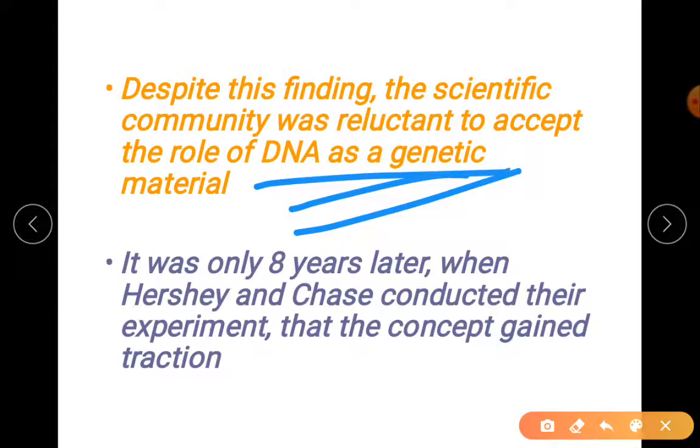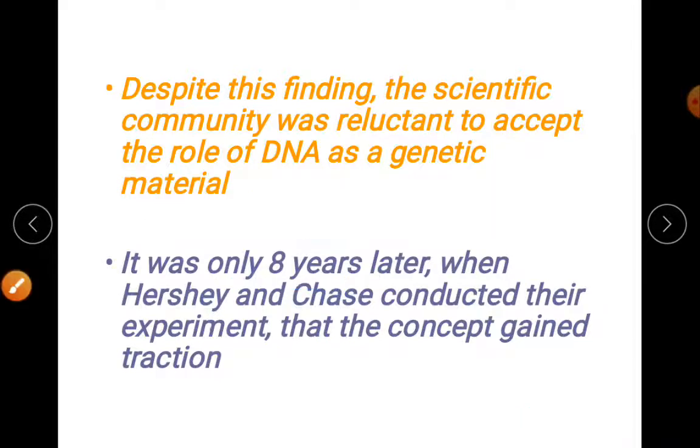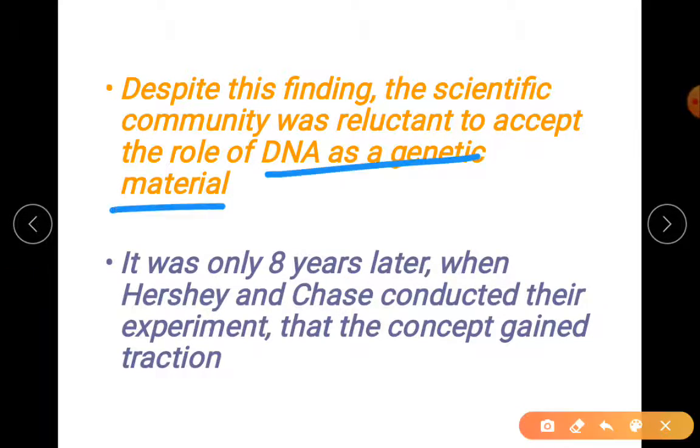So this idea of DNA as genetic material was accepted much later, after 8 years, when two people came forward to make it very much acceptable. DNA as genetic material was proved experimentally by Hershey and Chase.